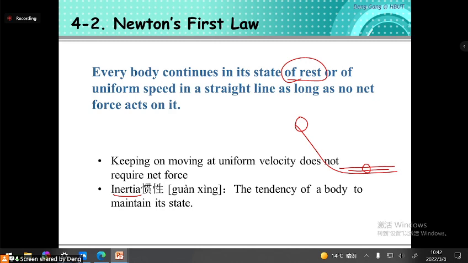So we can test that. And another thing is that as long as there is no net force, it is possible in our daily life.